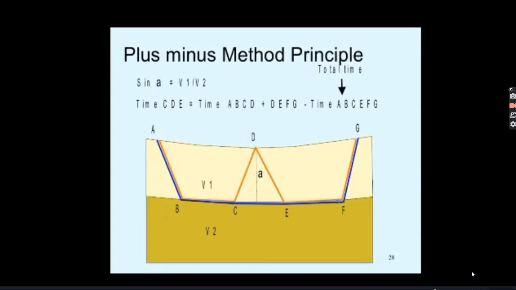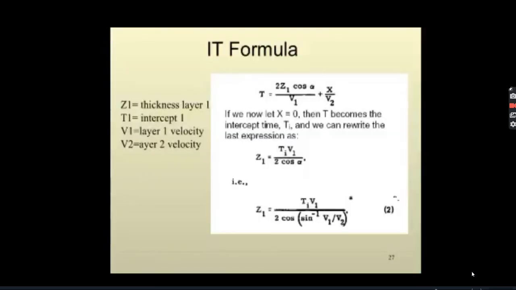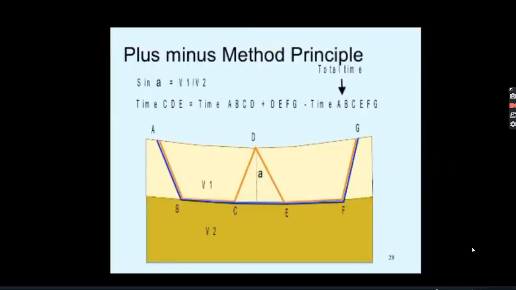Plus-minus method principle. CS in A equals V1 V2 times CDE.